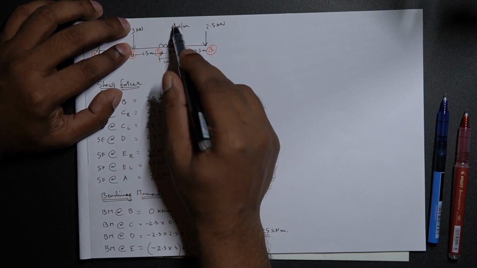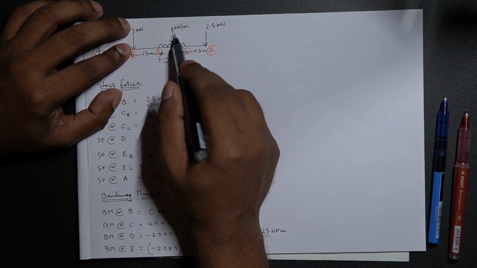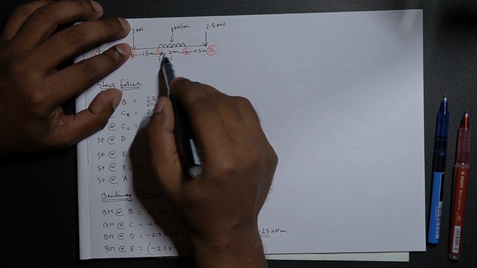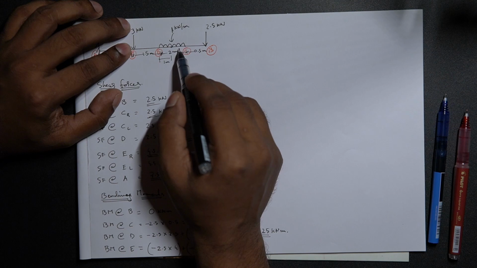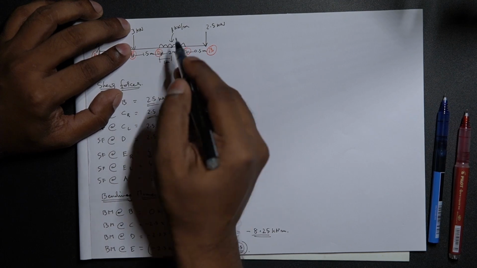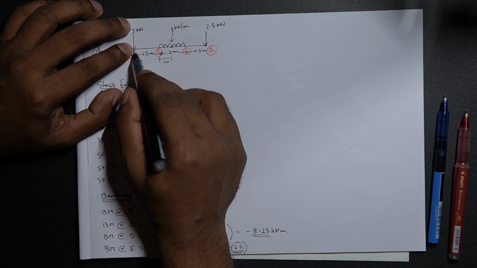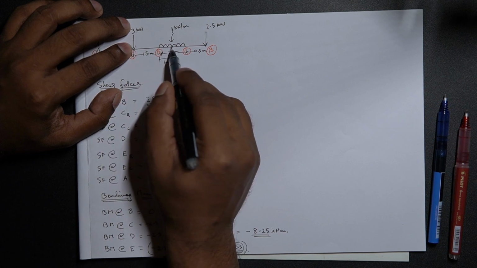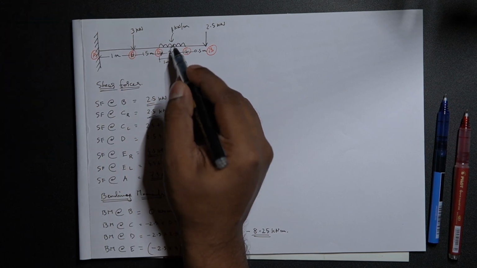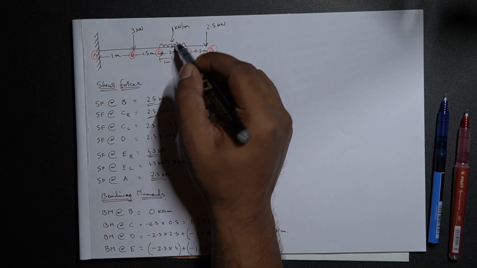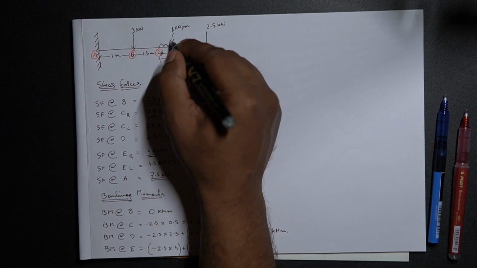Similarly for UDL, it is the load of 1 kilonewton per meter acting on a span of 2 meters, that is 1 into 2, times the length from the midpoint of the UDL, because when the UDL is converted into a point load, it acts exactly at the center.